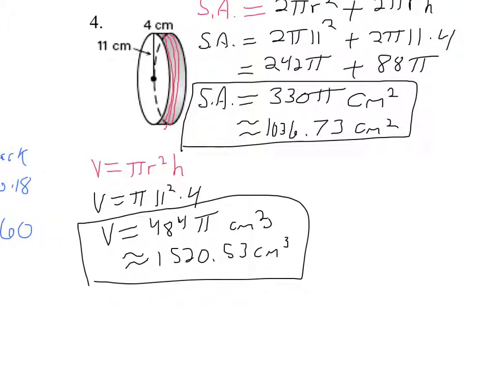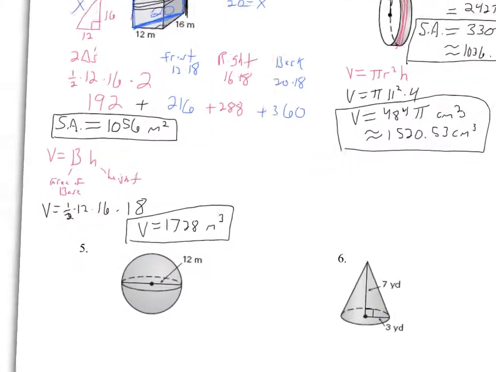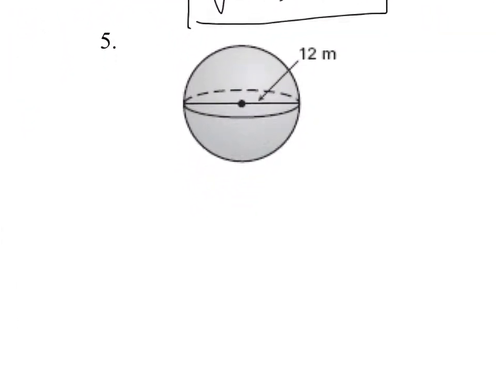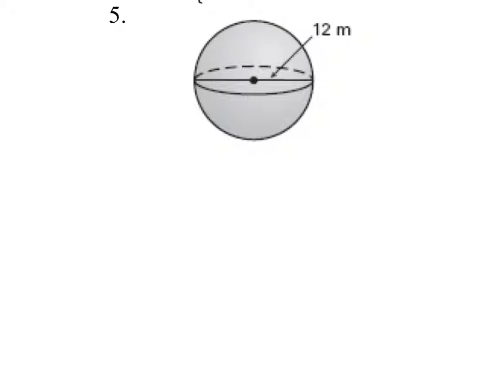All right, on to number 5. Number 5, we have a sphere. And this actually goes to the very last lesson that we learned. We have formulas for the surface area and volume of a sphere, and you don't have to memorize them. The surface area for a sphere is 4 pi r squared. So you can see that the 12 is actually pointing at the whole line, so the radius is 6.